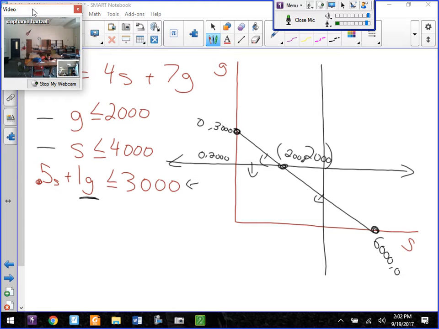Which means the x value now is 4,000. What's the y value? In our terms, the x value is being played by the S. So half of 4,000 is how much? 2,000. 2,000 plus what is 3,000? 2,000. That gives me my ordered pairs.